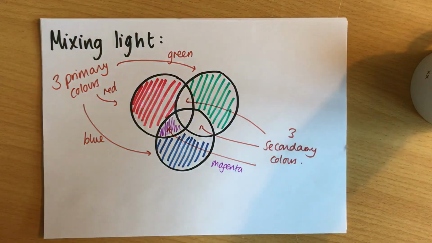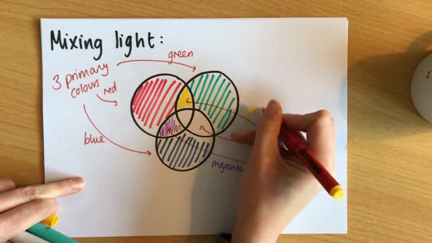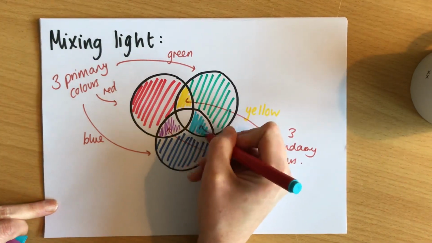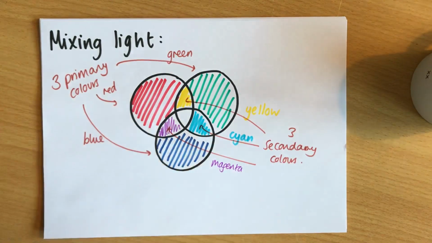If I mix red and green together, I actually get yellow. And if I mix blue and green together, I get a pretty nice colour called cyan. And these 3 colours are the colours that you'll see on the ink inside a printer, and they combine to make all the colours that we need when we're printing.